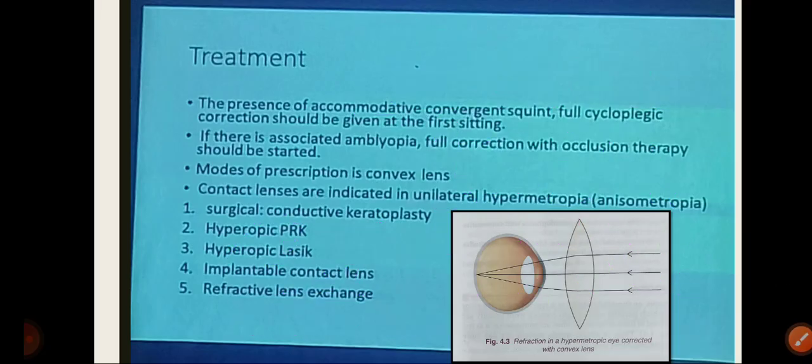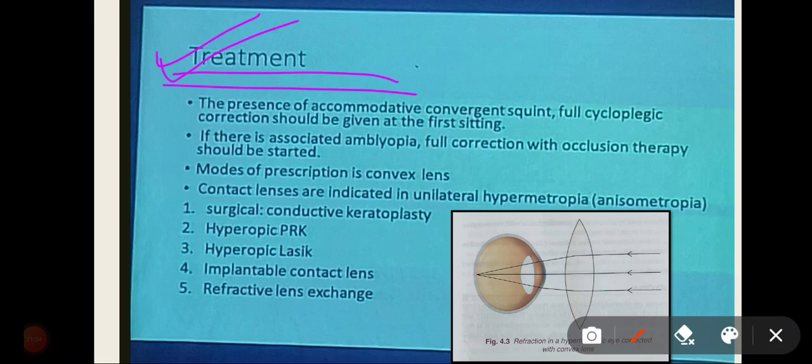Okay, guys. Next, the treatment. For treatment, we have optical treatment.